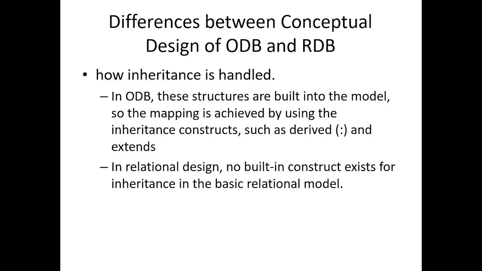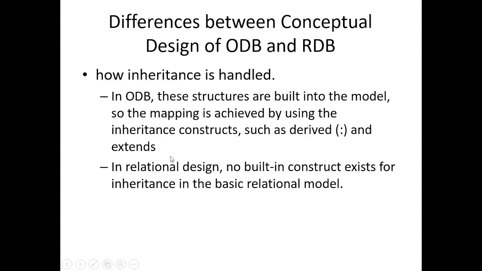Another major difference between ODB and RDB design is how inheritance is handled. In ODB, these structures are built into the model, so the mapping is achieved by using inheritance constructs such as derived and extends.